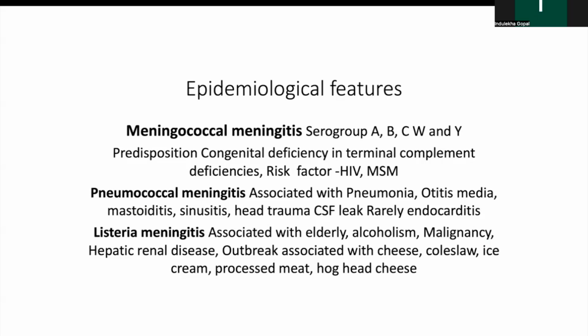There can be head trauma, CSF leak, rarely endocarditis. Listeria meningitis is associated with elderly, alcoholism, malignancy, hepatic or renal disease. There have been outbreaks associated with cheese, coleslaw, ice cream, processed meat, hog head cheese.